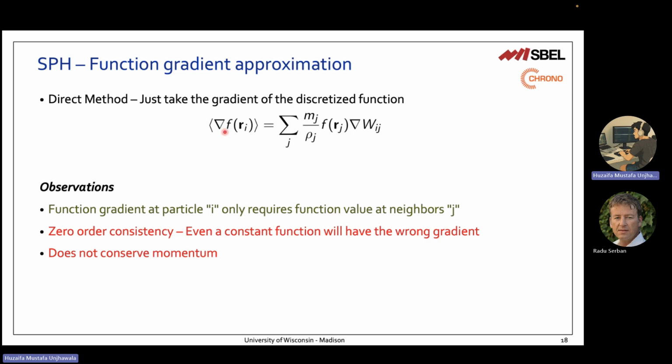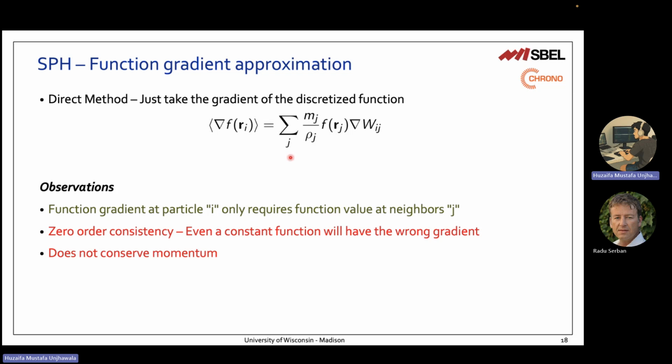So to evaluate the gradient of pressure at point i, I will not need the gradient of pressure at point j. And instantly you can see that this is good for parallelization, because for evaluating the gradient, I just need to know the function value itself at my neighbor. I don't need the gradient. So this is explicit: once you know the function value, you can evaluate the gradient of that function instantly.